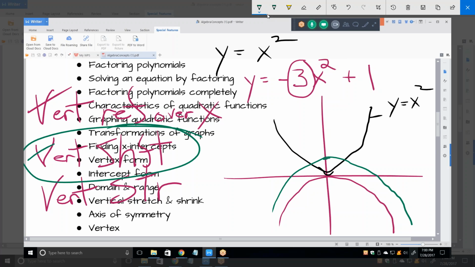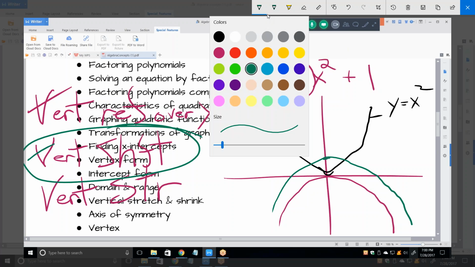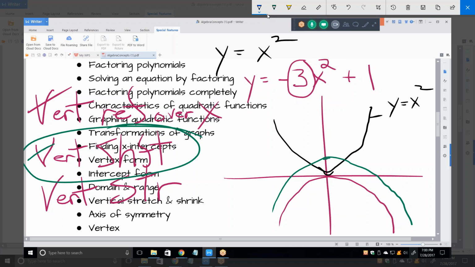Now finally, in blue, let's do all 3. What's the vertical stretch going to do? It's going to make it skinnier. It's going to take the green line that I'm looking at and make it look like this.